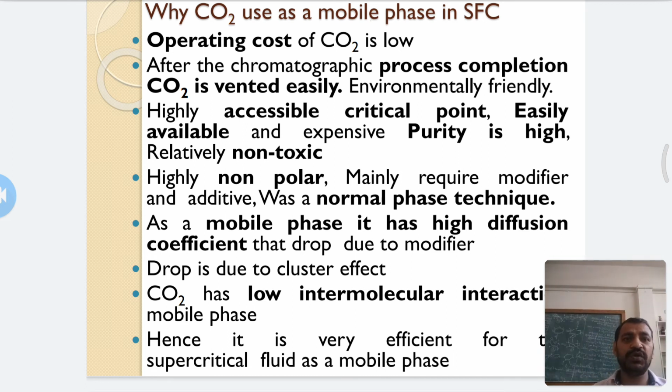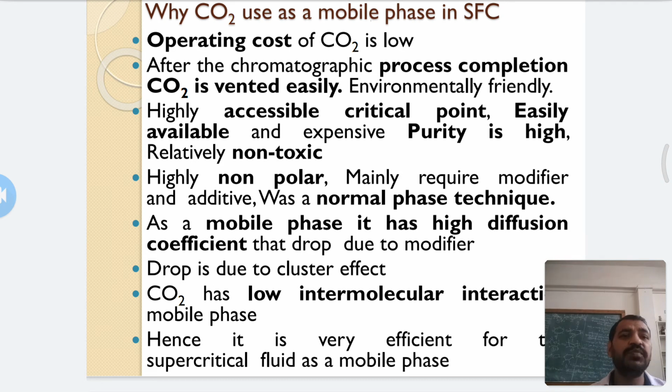Why is CO2 mostly used as a mobile phase in SFC? Because the operating cost of CO2 is very low. Second, after the chromatographic process is complete, CO2 is ventilated and removed easily, so it is environmentally friendly also.